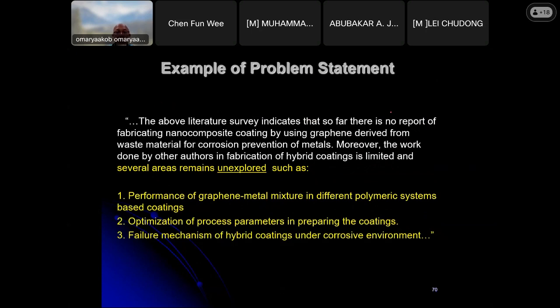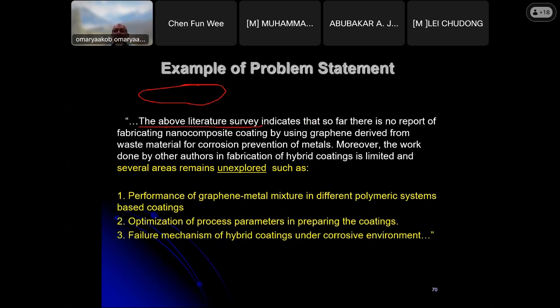So this is a real example. The above literature survey indicates. So remember, when you write the above literature survey, that means before this there is already a section, like the example just now, a section on literature survey background. In the background it says, oh, it's like this, people have done this.